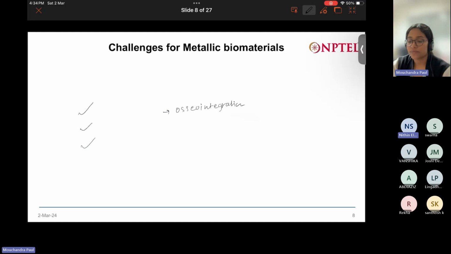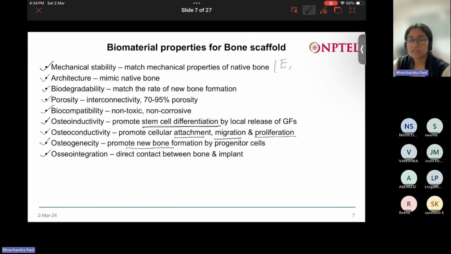Okay. Osseointegration means when your implant and the bone at the fracture site come in direct contact, the bone cells at that point and the surface of the implant should come into harmony.